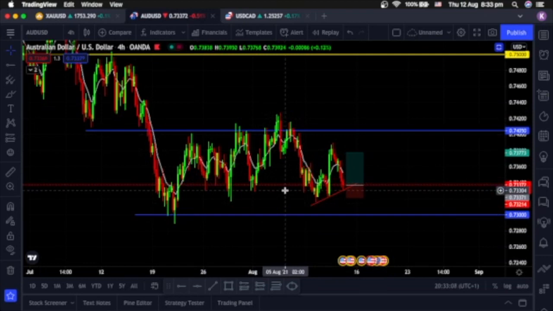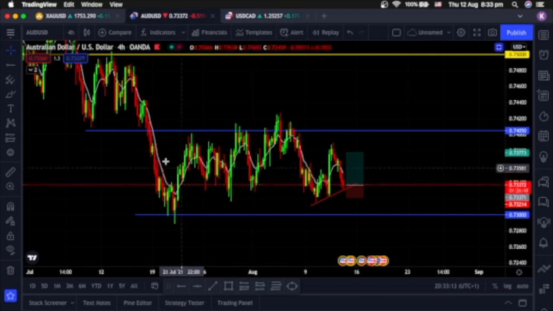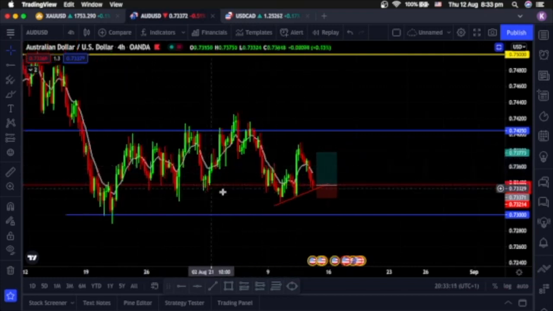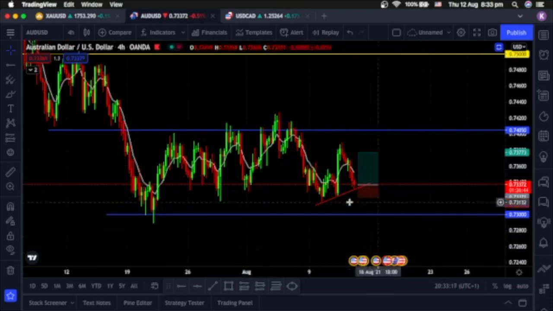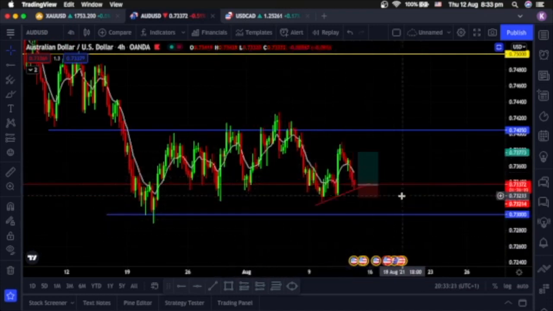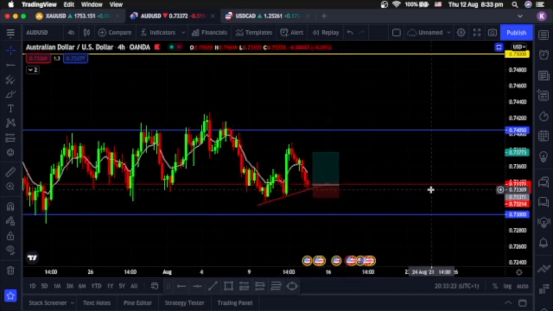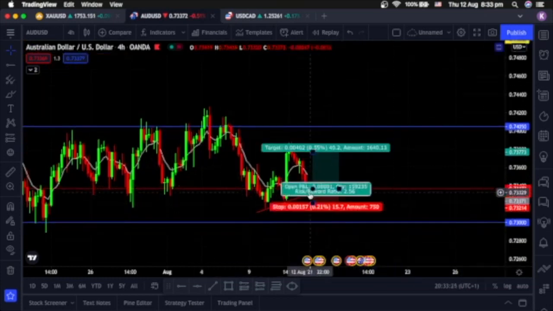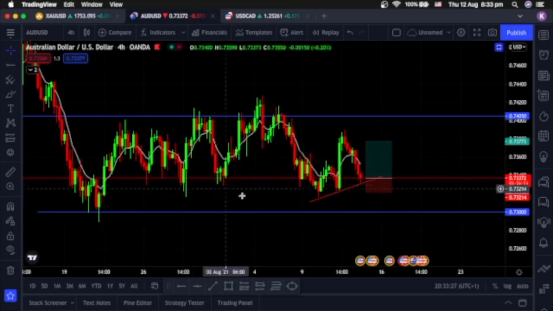I always like to keep my chart as clean as possible, so that you could see what the candles are telling you. If you have so many indicators and so many lines, you're not gonna see what the price is doing, and the best way to trade is price action.